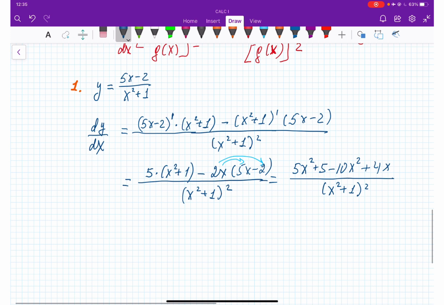Okay, that is equal to 5x squared minus 10x squared, which is negative 5x squared, plus 4x and plus 5, and divided by x squared plus 1 to power 2. Okay, next one.